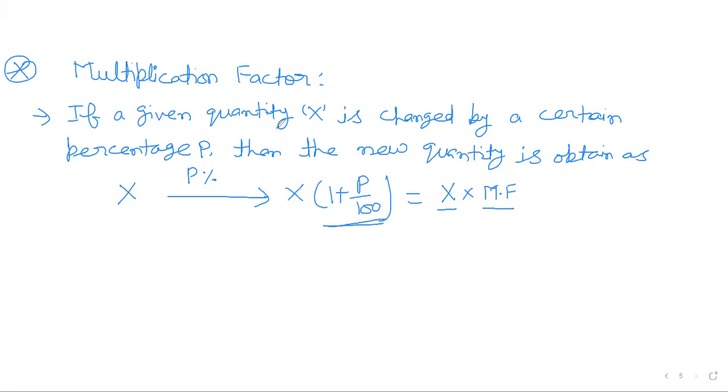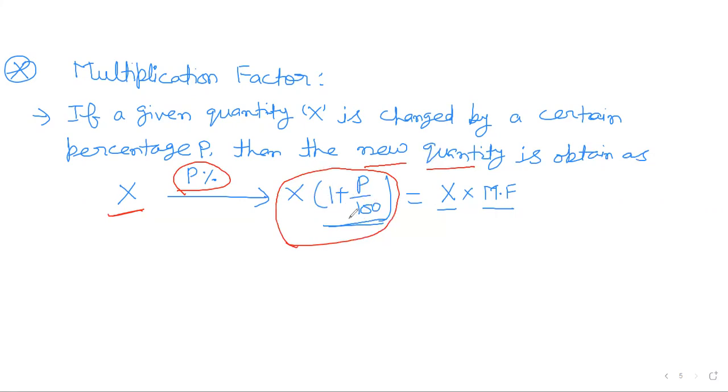If a given quantity X is changed by a certain percentage, P percent, then the new quantity is obtained as X in the bracket 1 plus P by 100.